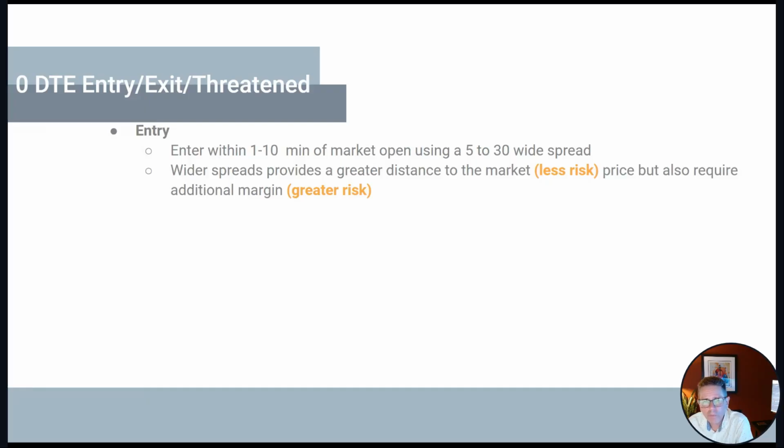However, if you widen the spread, you'll have additional margin requirements, and it's a higher risk. Premium should be between 45 and 90. I actually most of the time use between 50 and 75. Probably 95% of my trades are that way.